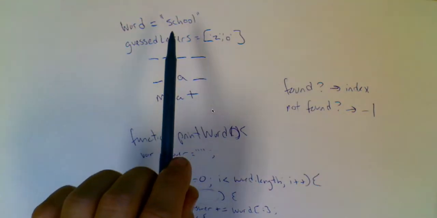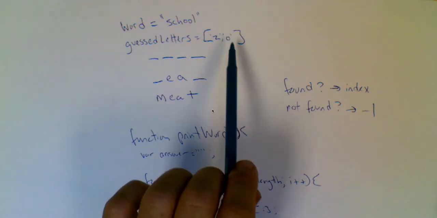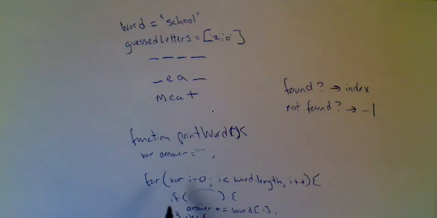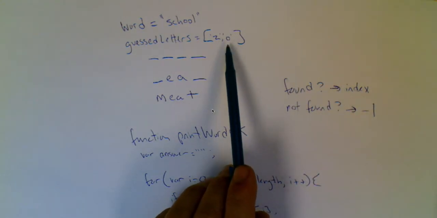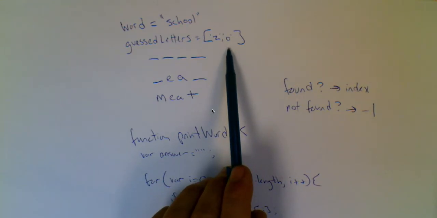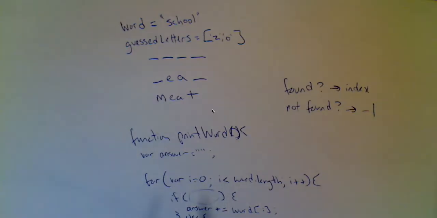Same for C, same for H. When we get to O, it's going to say guessed letters.indexOf O is going to return an index, right? It's going to return the index of 1 because O is the first index in guessed letters. So if it returns a 1, we actually need to structure this so that it will write out the letter of the word, in this case an O, rather than a blank.